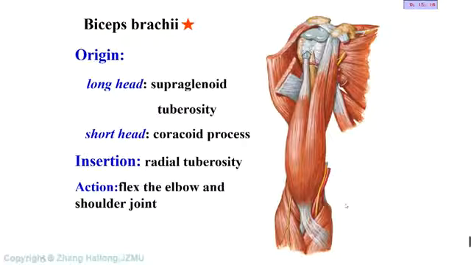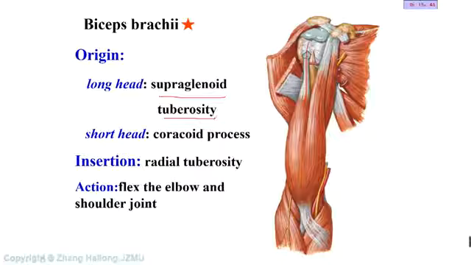Okay. The first one to master is the biceps brachii. It is a very important muscle. You see here, there is a star. First is the origin. Biceps brachii has two heads, the long head and the short head. The long head is from the supraglenoid tuberosity. Can you remember this structure? This structure belongs to the scapula.